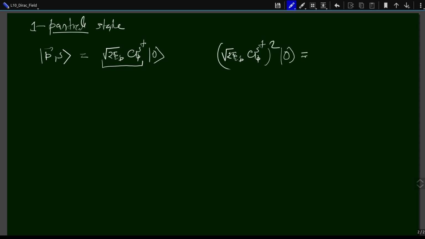It should give me two particles in the p s state. But I know fermionically it is not possible. This is not possible for fermions. This comes from our Pauli exclusion principle.